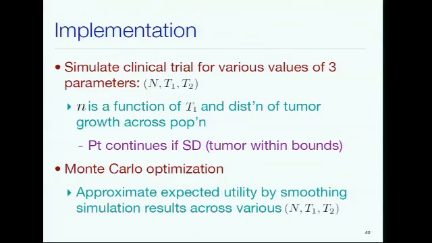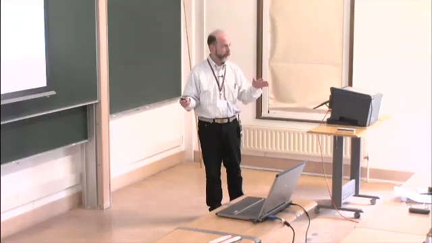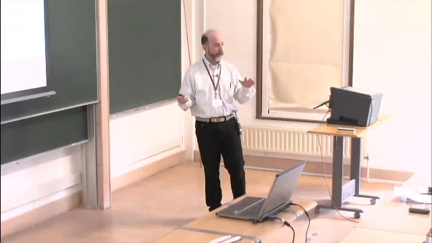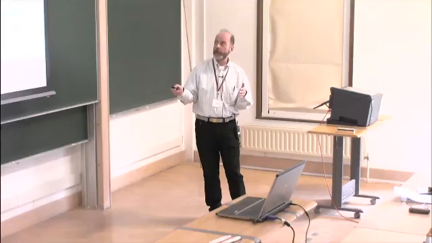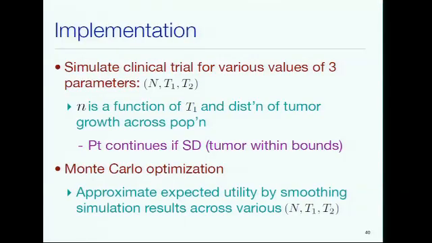But we're going to approximate the expected utility function by simulating the trial for various values of these three parameters, and then just fitting a surface across that, so that we not only average for a given configuration of these three design parameters, but we also smooth, so borrow some strength from the utilities associated with neighboring values.